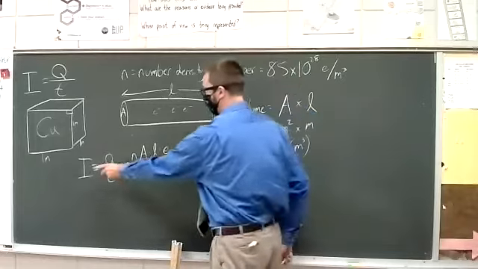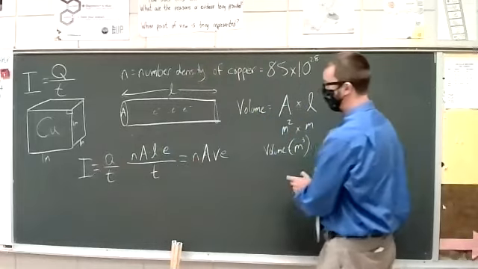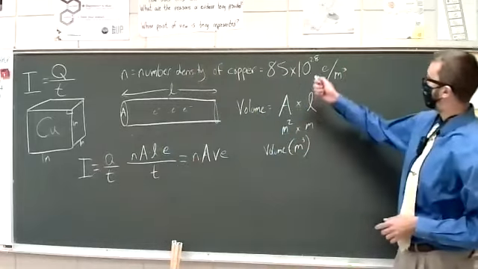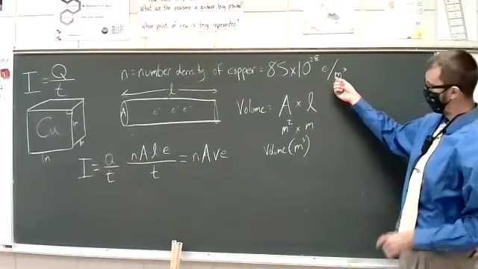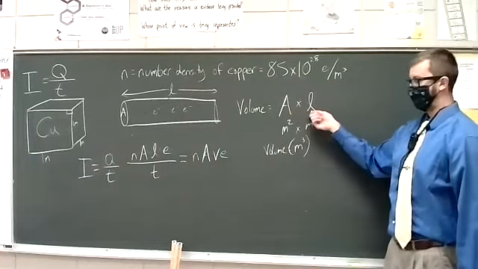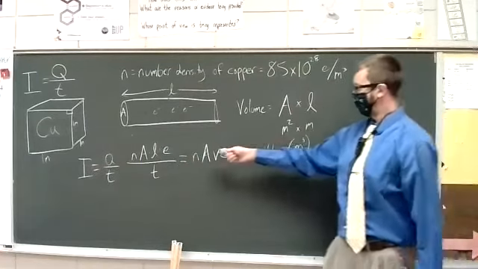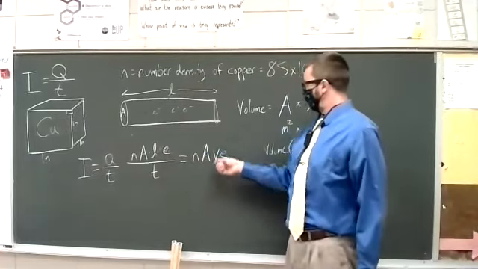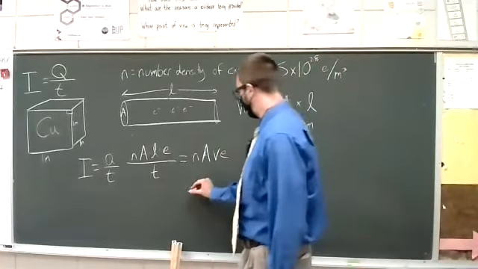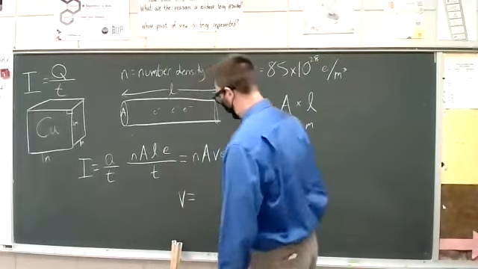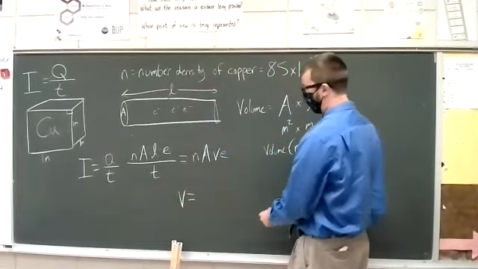So this is the derivation, I equals nAve, based on the number density, which is the electrons per unit volume, canceling out the unit volume part, and then giving them all charges. Then we can see that the velocity shows up in this equation right here.